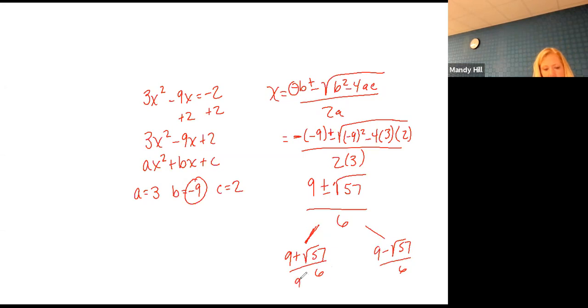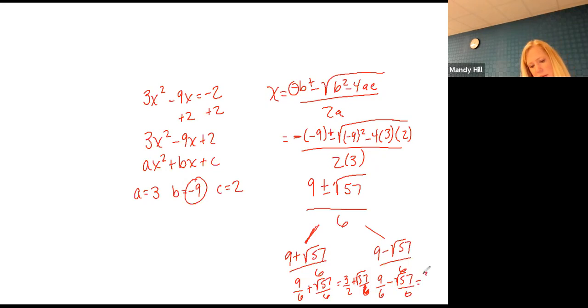And then the last step is to see if you separate these out, if they can reduce. Okay, well, 9/6 is equal to 3 over 2. So we could do that. This square root of 57 over 6 is not going to reduce.